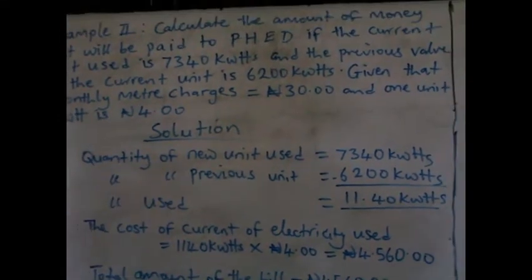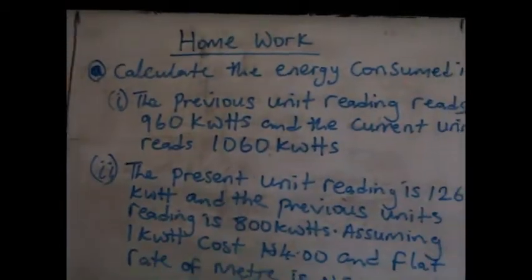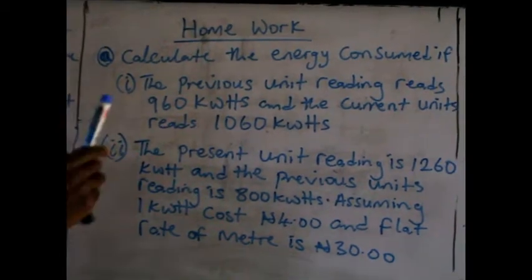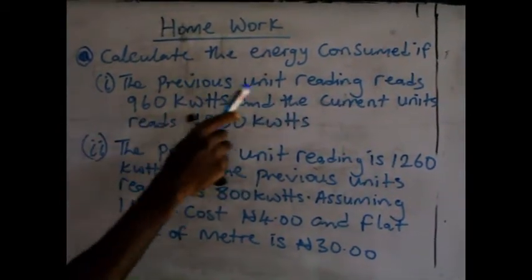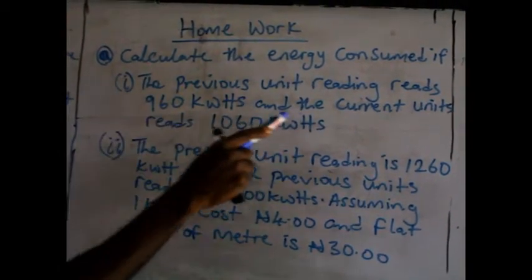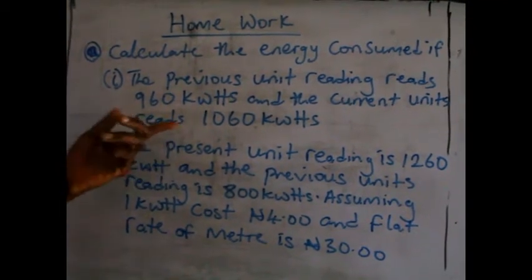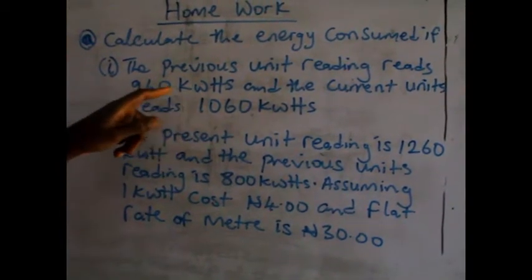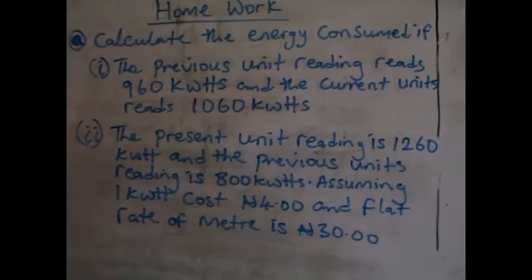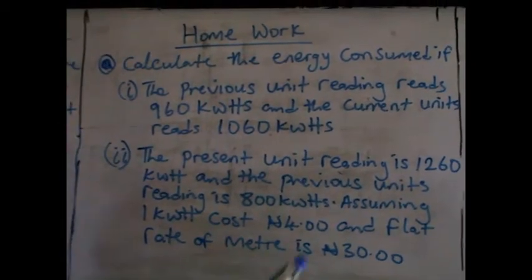Now, I want you to try this at home. Calculate the energy consumed if, one, the previous unit reading reads this, and the current is this. So you subtract the previous from the current, and you have your total current, multiply that by 4, and you know what to do.